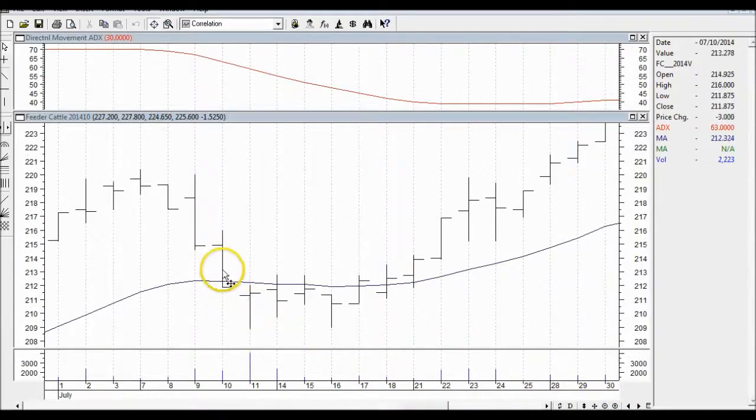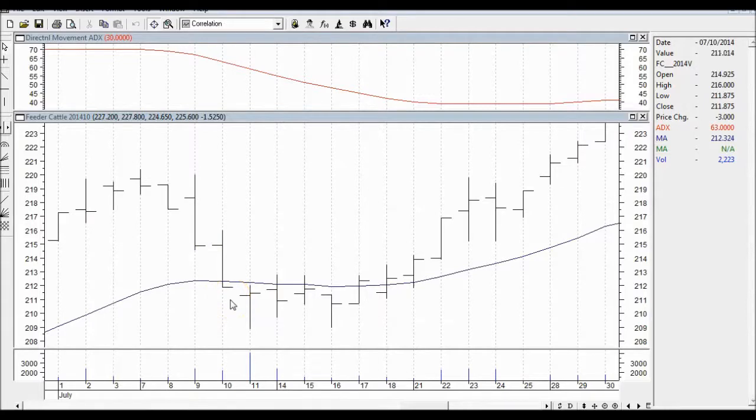So our signal bar, the market pulls back to the 20-day moving average on this bar here. So initially we would look at a stop to get us in up here. Typically I wouldn't want to place a stop above a wide trading range bar such as that one.